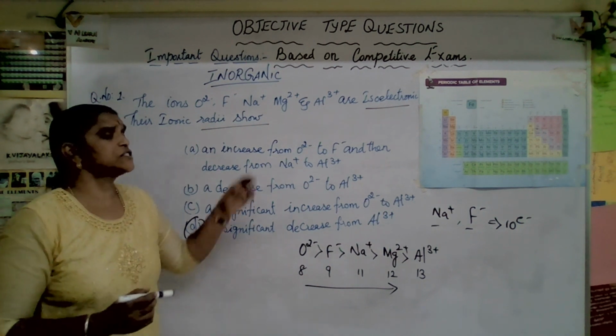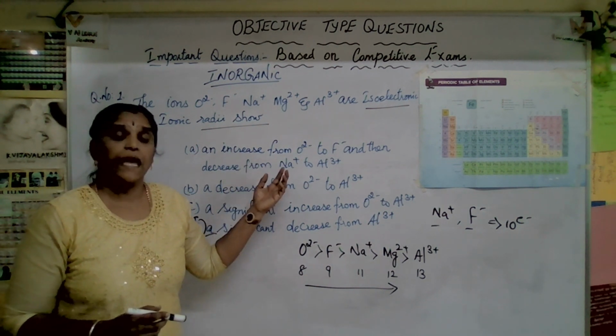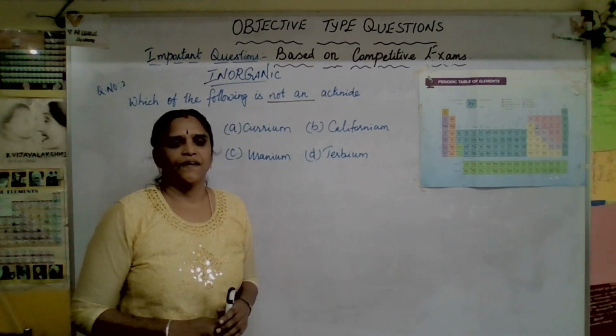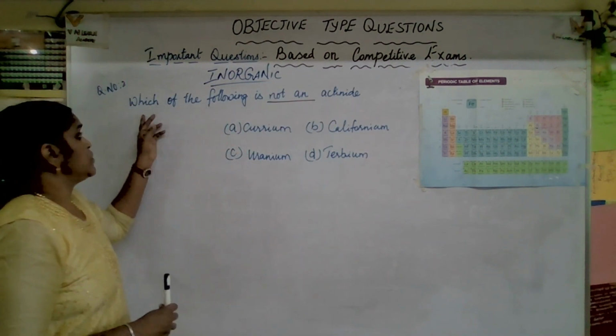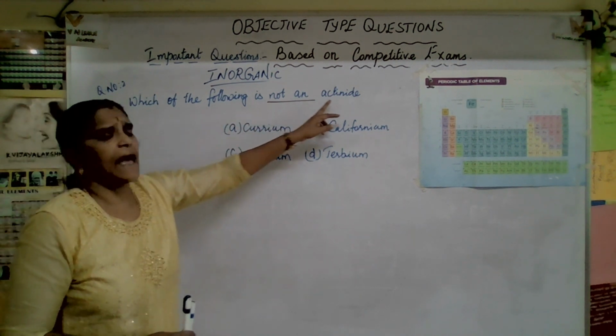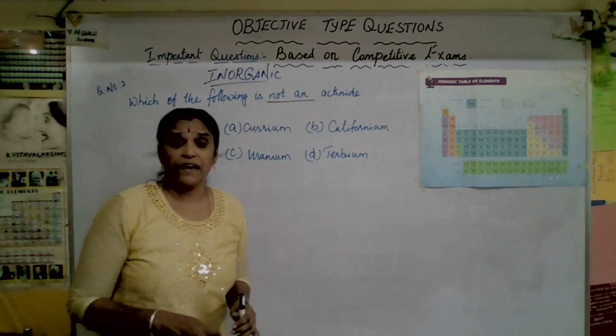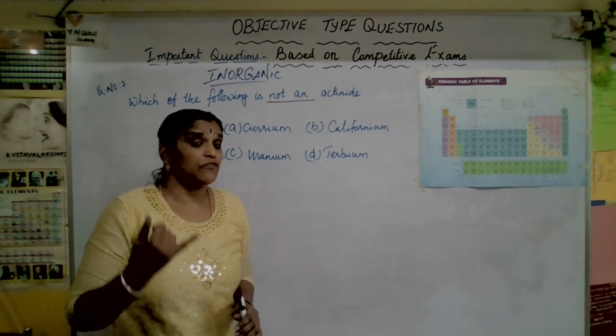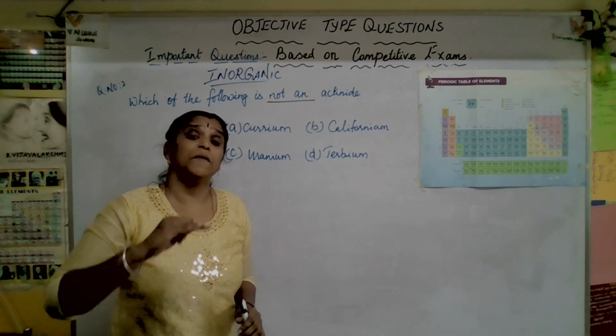Come on, let us go and start some other important questions related to this topic. Now, the second question: which of the following is not an actinide? Generally, inorganic chemistry is based on informative points, not only memory.